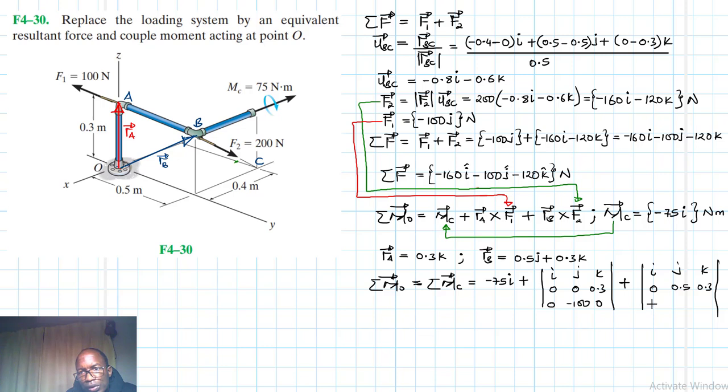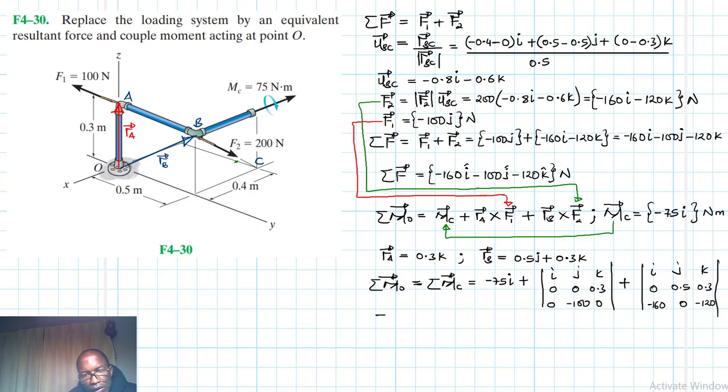F2 is minus 160, then 0, then minus 120.